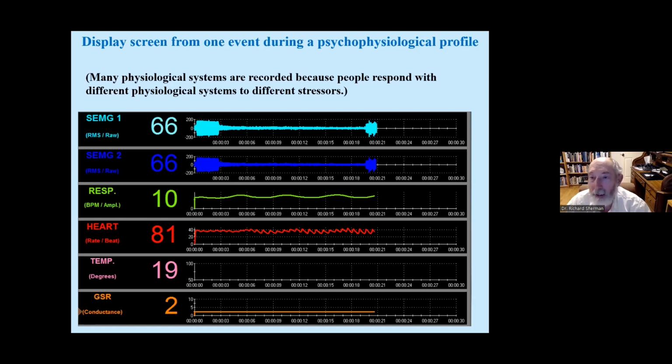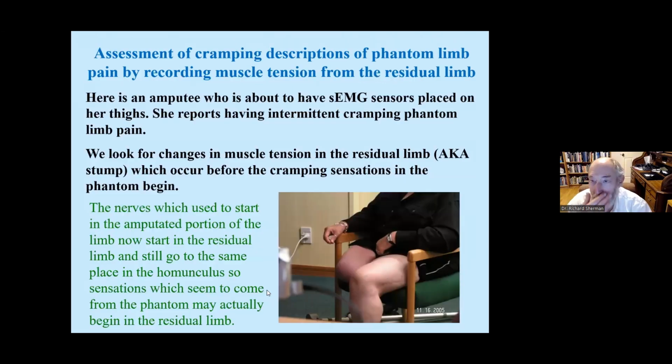And one of the things that happens is that this sets off the sympathetic nervous system so that it's very aroused, and you get a lot more inflammation, and you get a lot more problems with your gut. So you get irritable bowel syndrome. We're recording temperature, and GSR is sweating in this case.